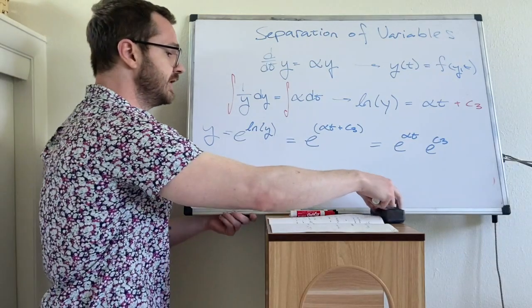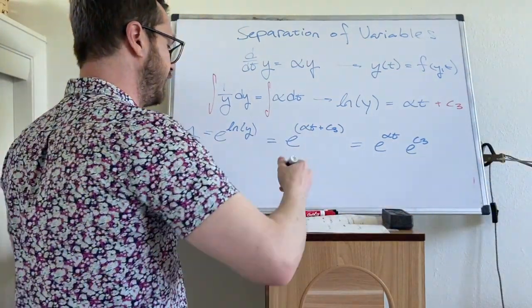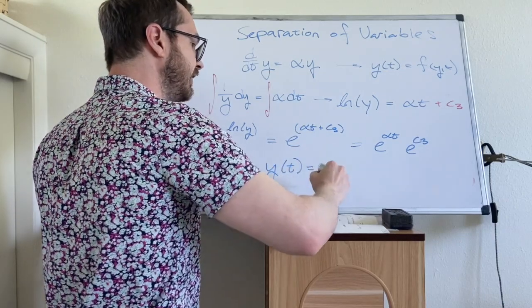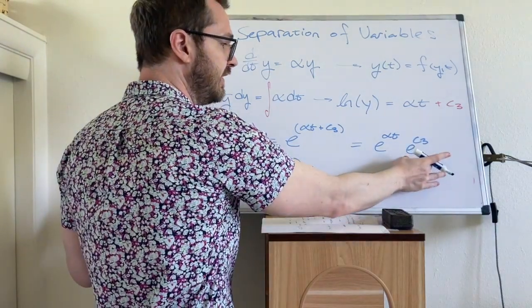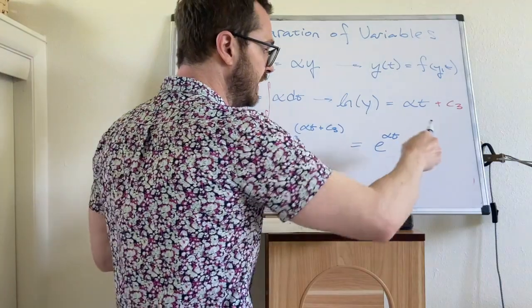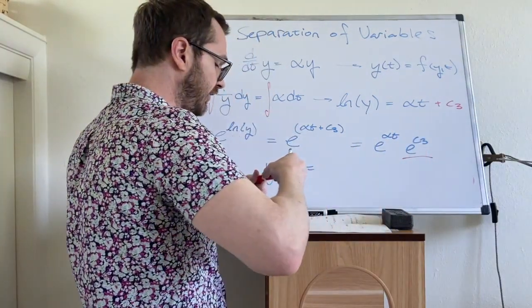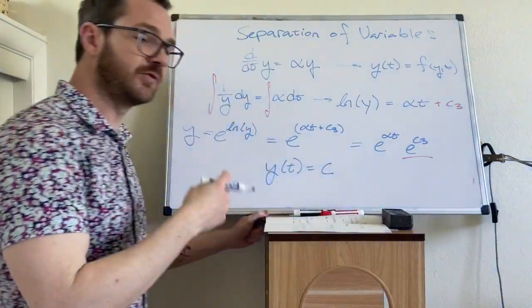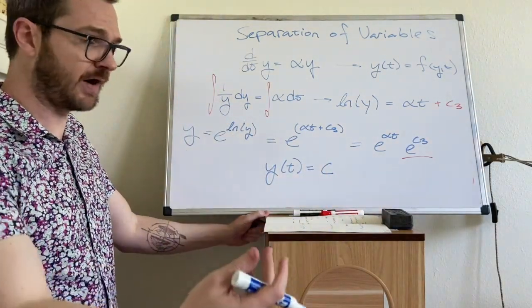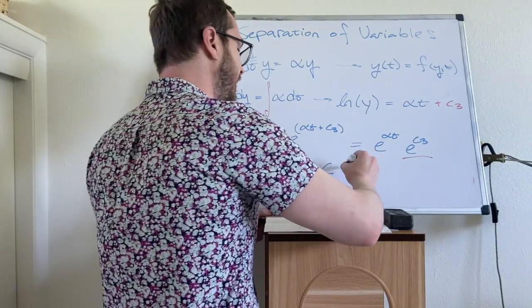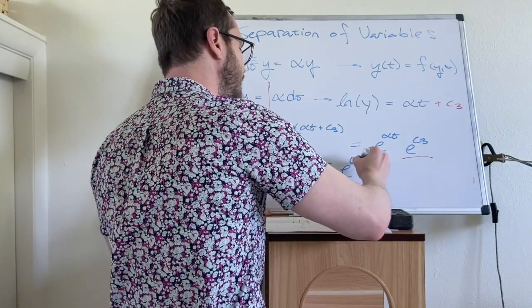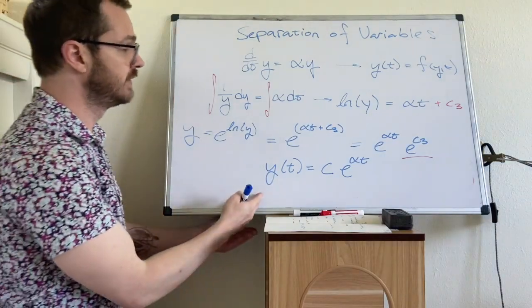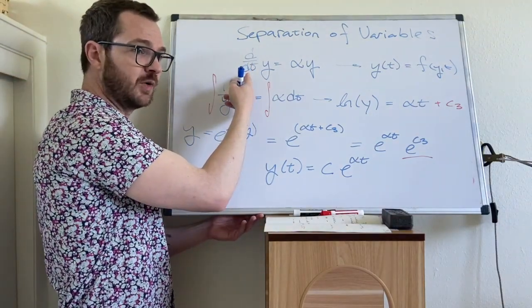This equation then simplifies down. We can say that y as a function of time is equal to, with e to the C3 called another constant, and I'm just going to call it c this time, our final constant, c multiplied by e to the alpha t. And this is the solution to this differential equation.